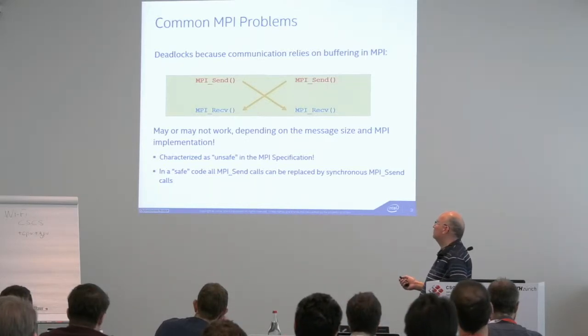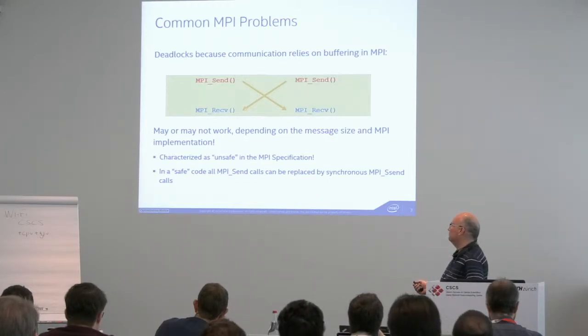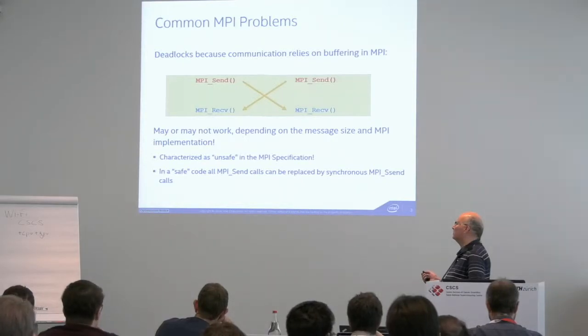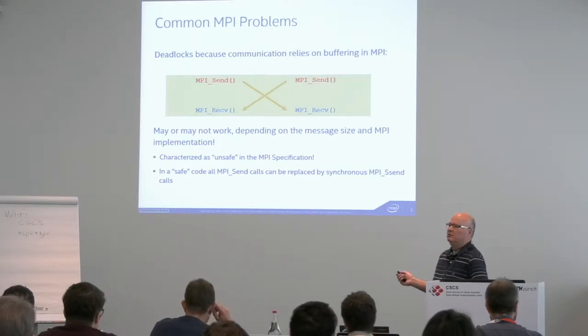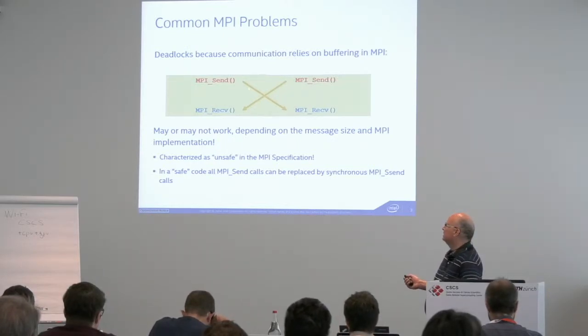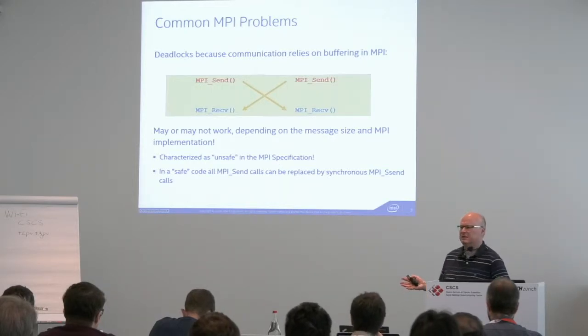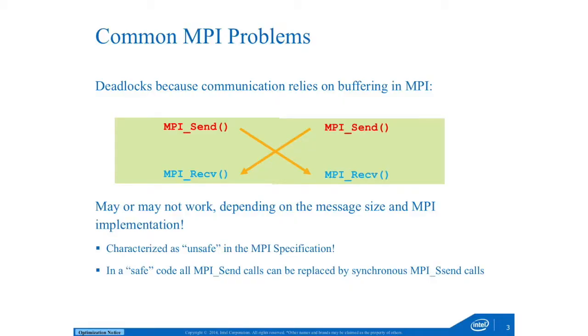If you do this pattern and have large enough messages, then it will truly block. But it may or may not block, because it depends on the implementation: for small messages it is probably a buffered send, and then it will work. But if the protocol switches from a certain message size, then it will block.